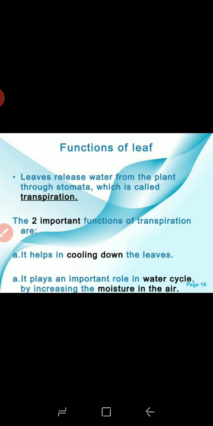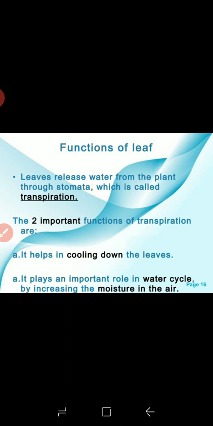Okay, then it plays an important role in the water cycle. In the water cycle, as you know, due to the temperature, due to the sunlight, all the water gets heated and becomes water vapor and goes up to the clouds. After it goes to the clouds, it becomes cooler again and comes down in the form of water droplets.